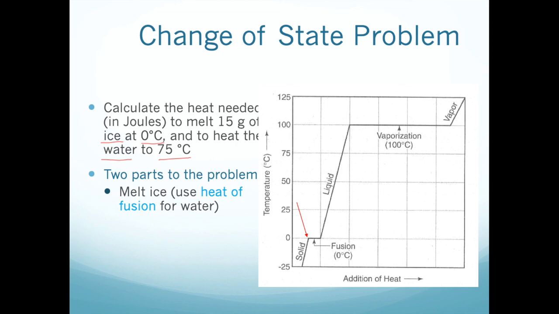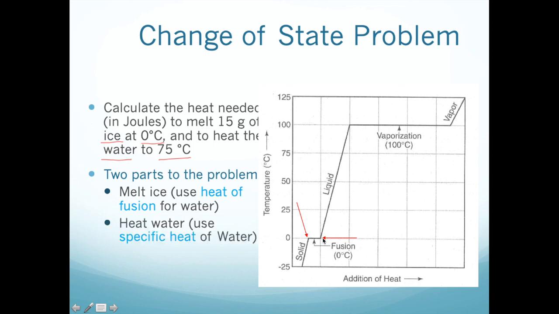What happens when I heat it? It's going to melt from solid ice at 0 degrees Celsius into liquid water at 0 degrees Celsius. That's one part of my calculation. I need to figure out the heat that's associated with that. What's the heat that goes from here to here?